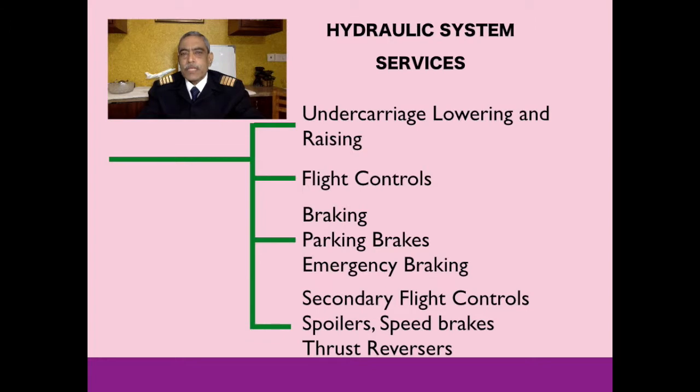Why? Because the flight controls require lots of pressure and power to operate for their huge size and huge requirements. Therefore, it is not possible otherwise to achieve such high pressure except by using hydraulic pressure.